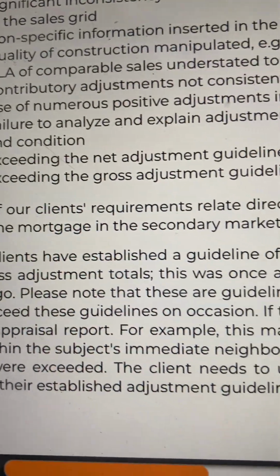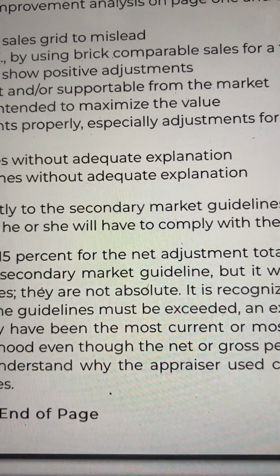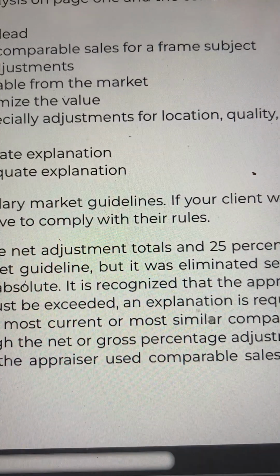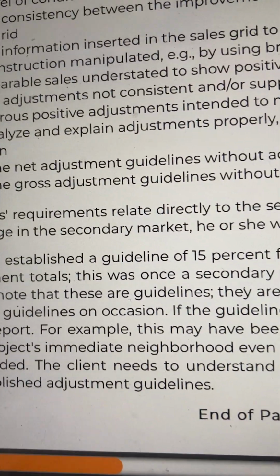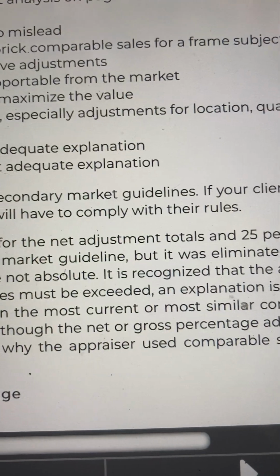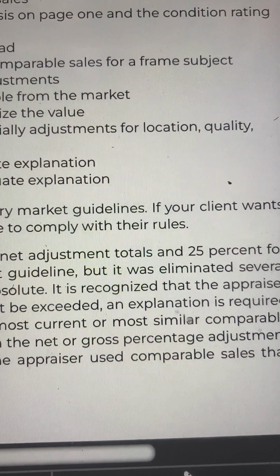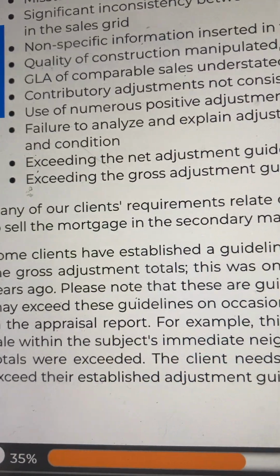Please note that these are guidelines. They are not absolute. It is recognized that the appraiser may exceed these guidelines on occasion. If the guidelines must be exceeded, an explanation is required in the appraisal report.